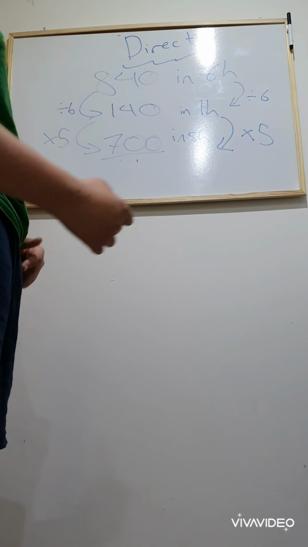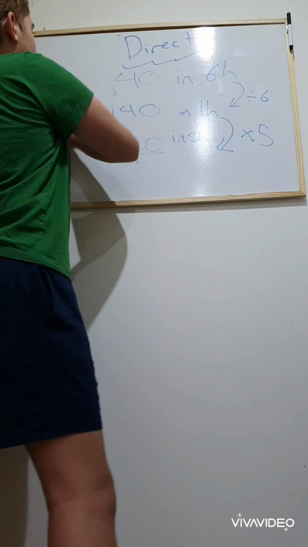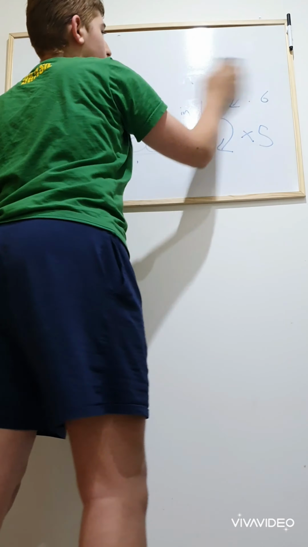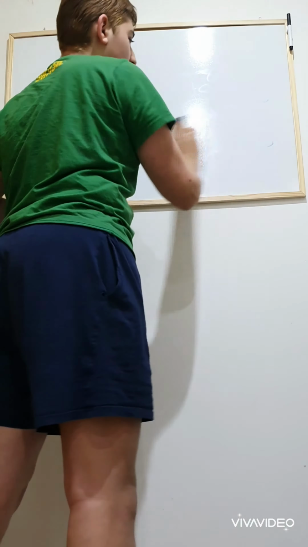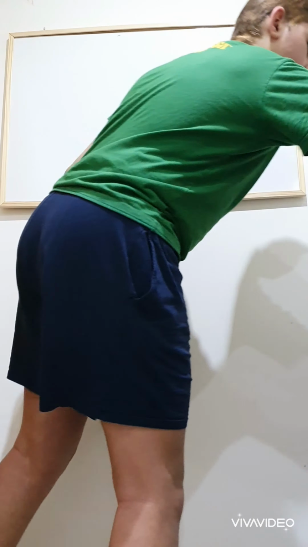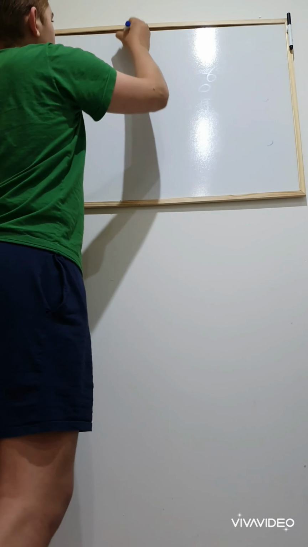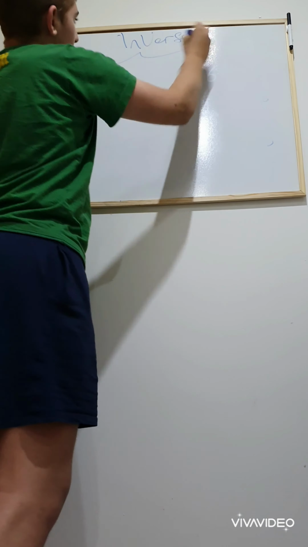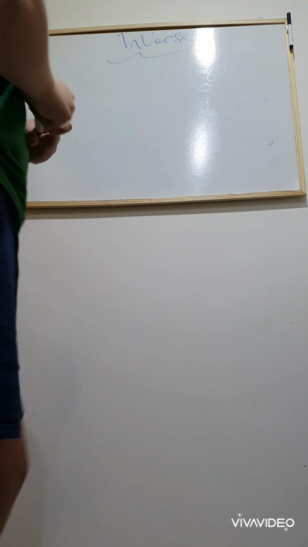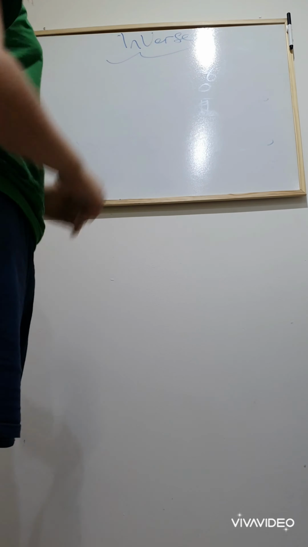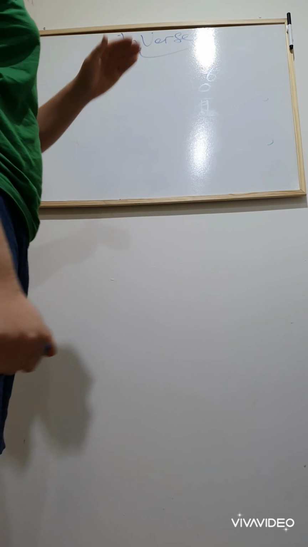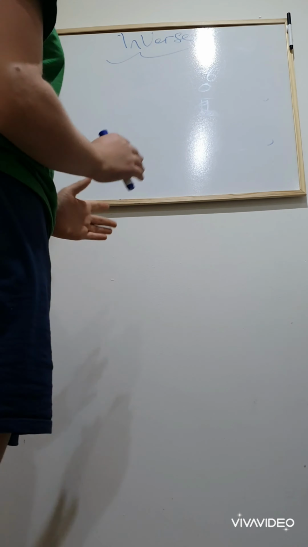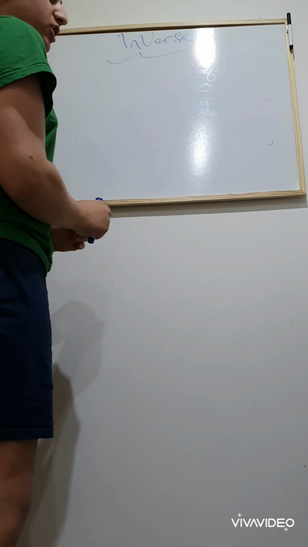So that is direct. But with inverse, which I will be showing you how to do right now, is a totally opposite story. I'll just be flipping the page there. So inverse, let's just write that on the board quickly. Inverse is when you have two quantities that are inversely proportional.